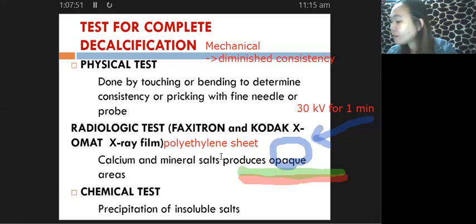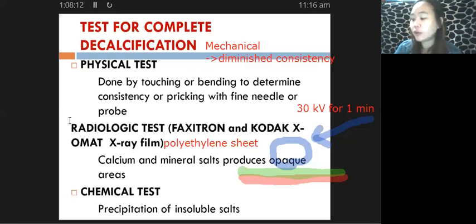Apart from that, your radiologic test is considered to be very expensive, because of the need for additional materials and equipment in the performance of this test.